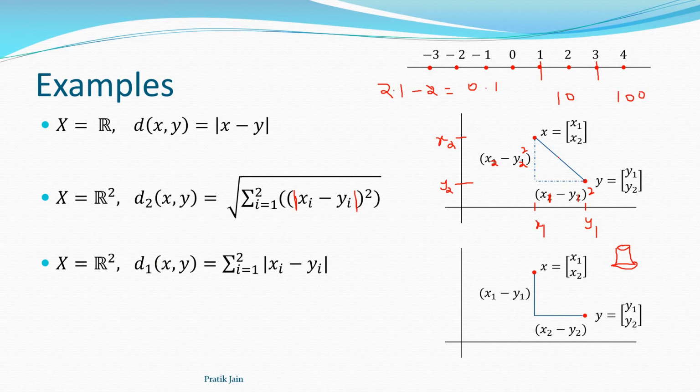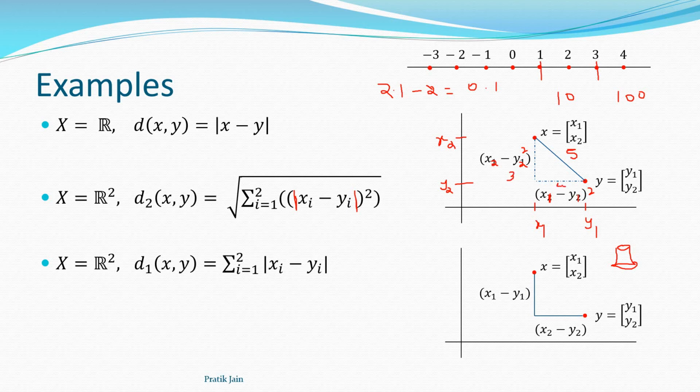Okay, so you can see there is so much difference between the two spaces. When you are in d2 metric space, you can go diagonal. So you can see this is a shorter path. So d2 distance will be shorter than d1 distance, right? That makes sense, right? So say this distance is suppose 5, this is 3, and this is 4.